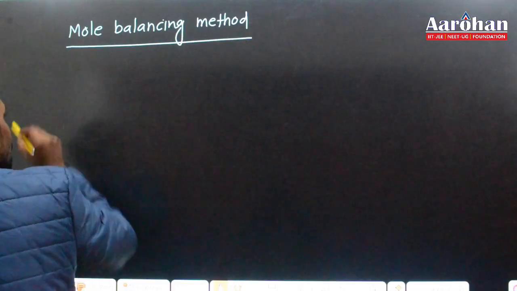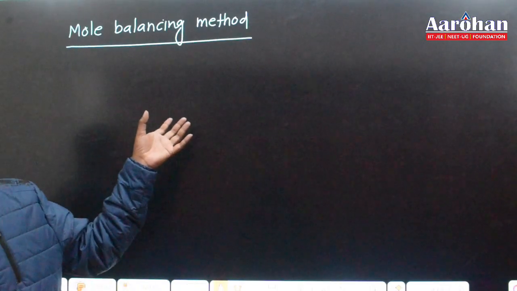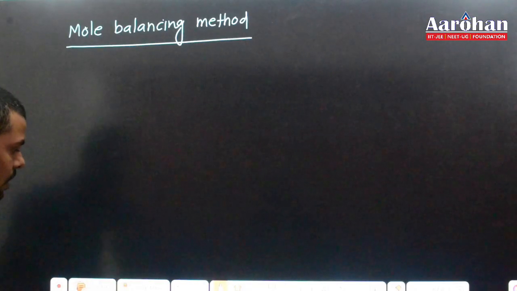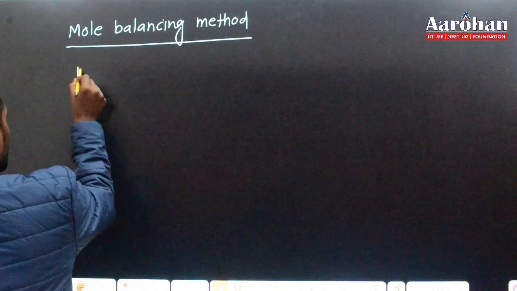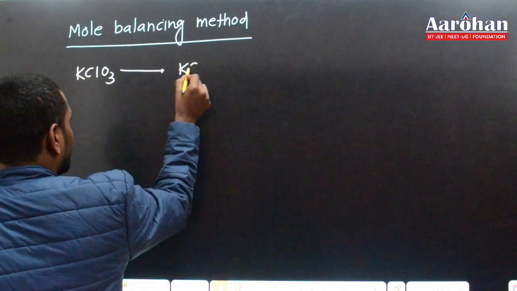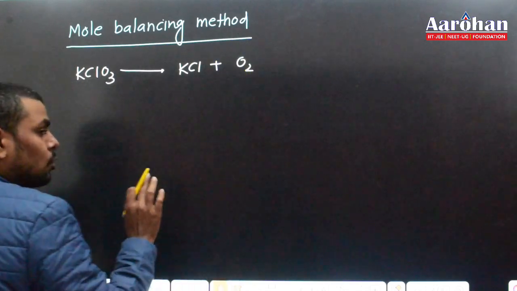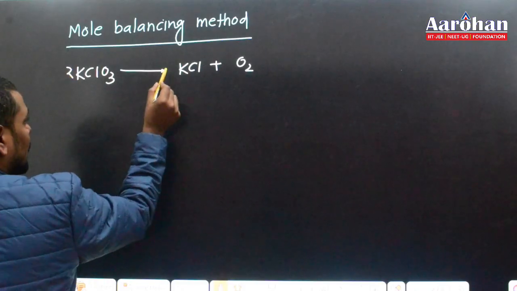This is also a method to find the number of moles of reactant consumed and product formed, but in a different way. First we have to balance the chemical reaction. KClO3 forms KCl and O2. After balancing, the coefficient of KClO3 is 2, KCl is 2, and O2 is 3.